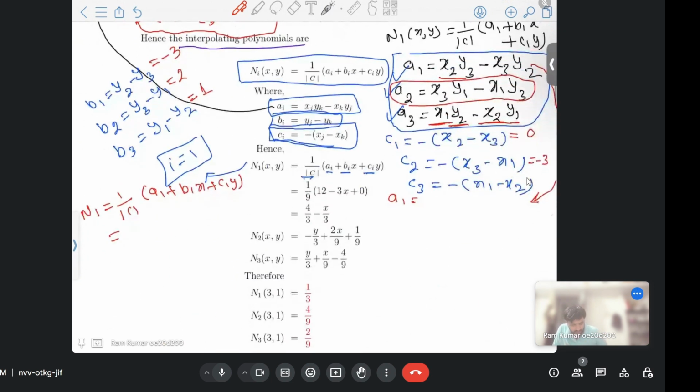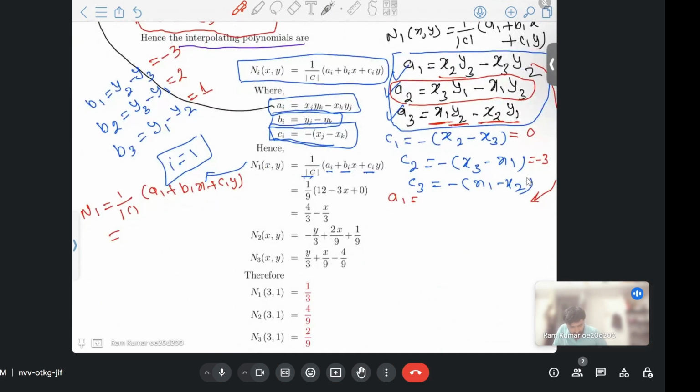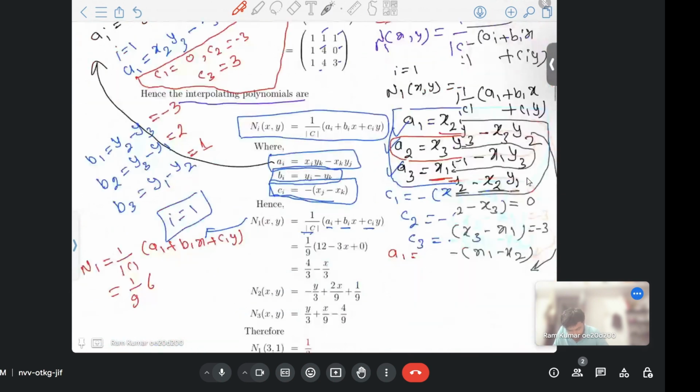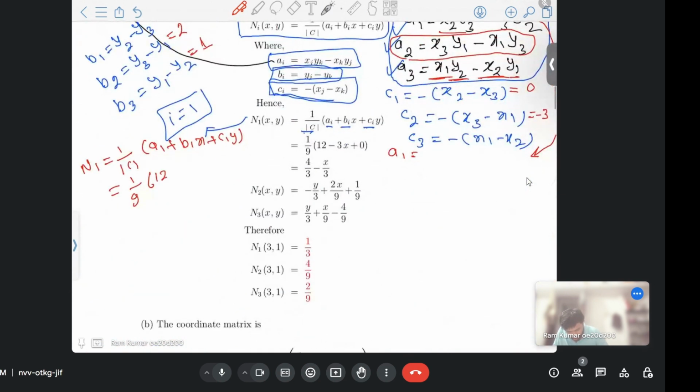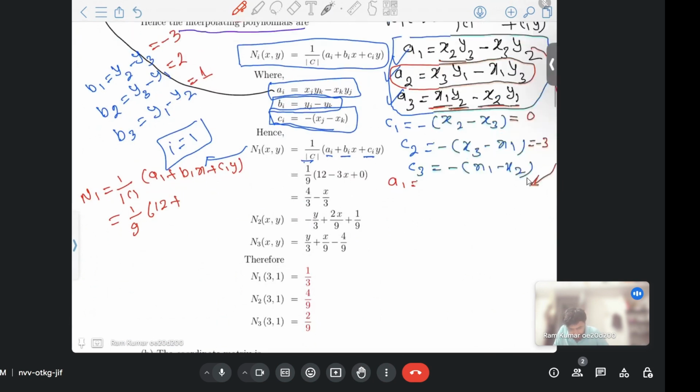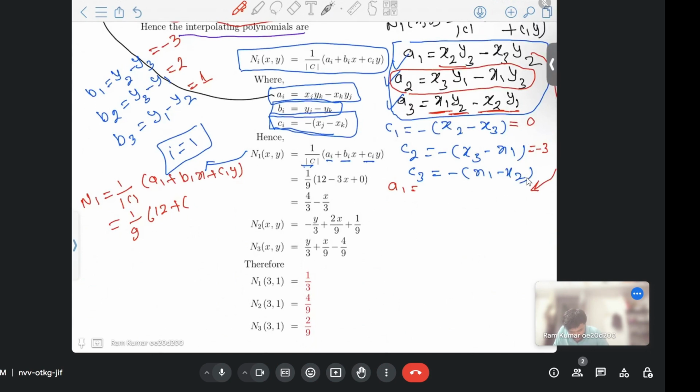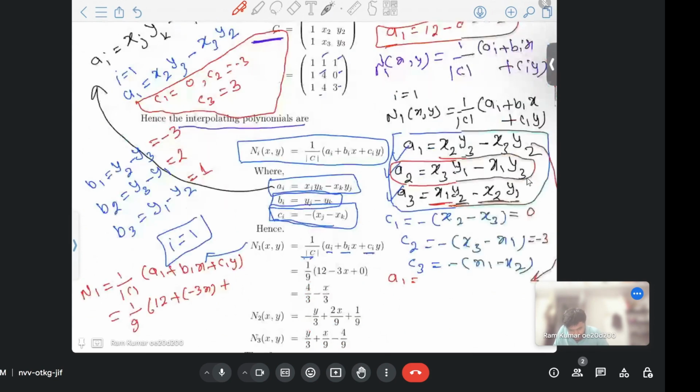Fine. So now we are going to put here. So we got 1 by 9. A1 equal to 12. So 12 plus B1. B1 is minus 3 minus 3x. What is C1? C1 we got 0.